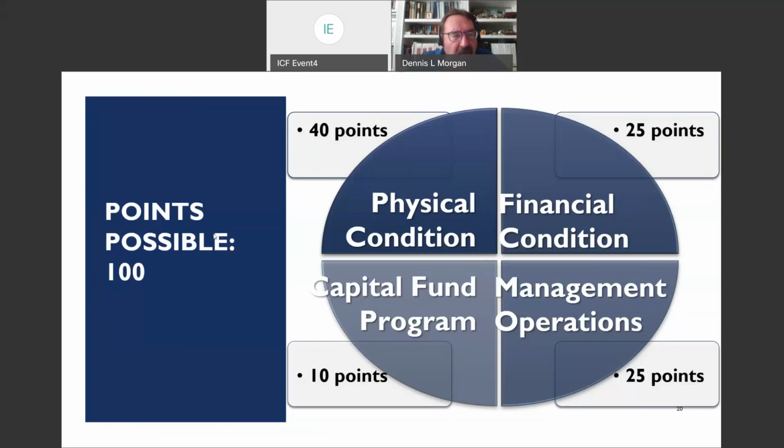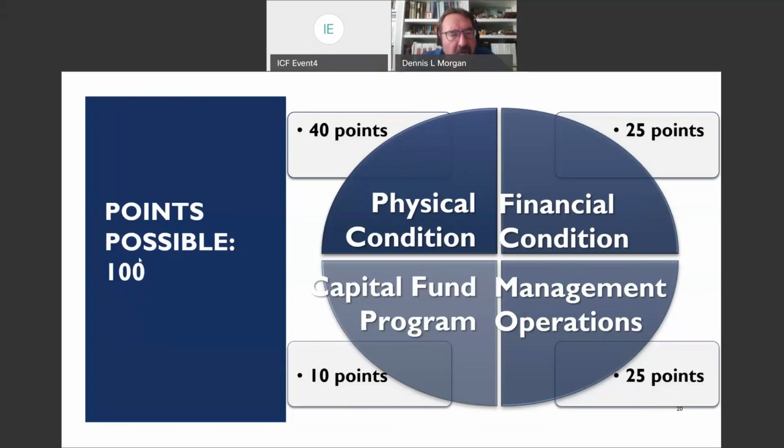And within that, if I score 90 or higher with no sub-indicator falling below 60% of the variables, then it says I'm going to be a high performer. If I score above 60 and below 90 with no sub-indicator falling below 60% of the points available, I'm going to be a standard housing agency.